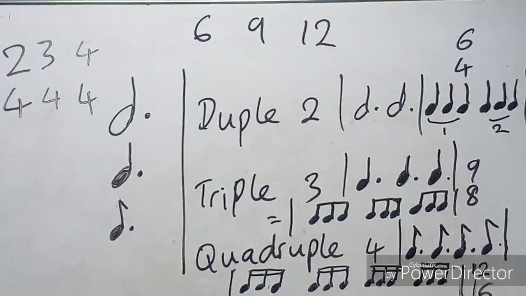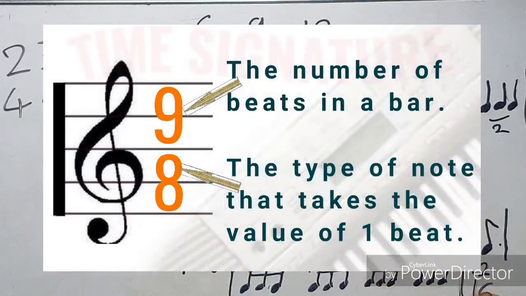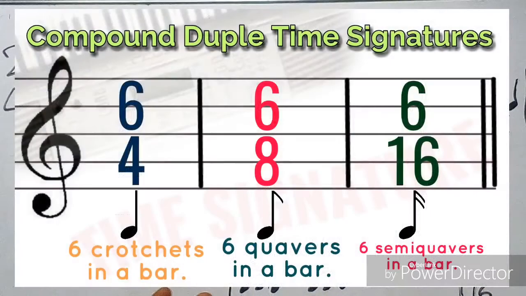Remember, we are told that the figure at the top represents the number of beats in a bar, while the figure at the bottom tells us the note that takes the value of 1 beat. So if it is 6/8, it means that quaver represented by 8 takes the value of 1 beat, just as you have it in 6/4, where 4 represents a crotchet.